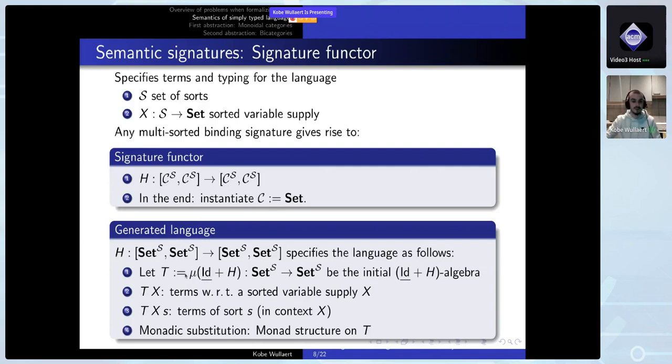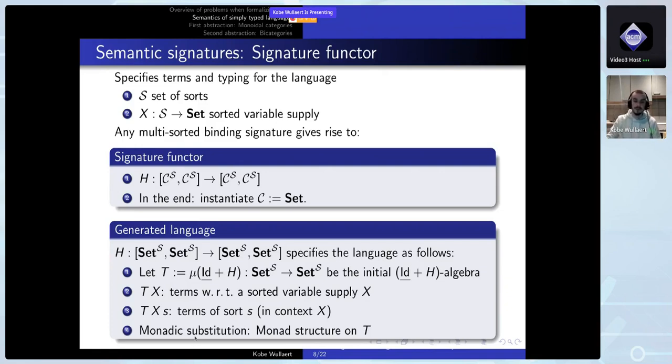And then we consider its initial algebra. This initial algebra is now a functor from set to the S to set to the S. If we then evaluate this in a functor, then we get the terms with respect to this sort of variable supply, and if we apply it to a specific sort S, we get precisely the terms of that sort.